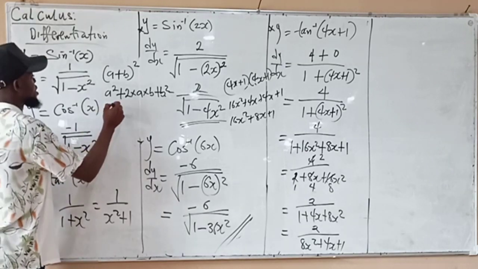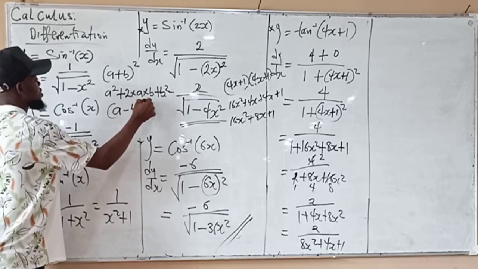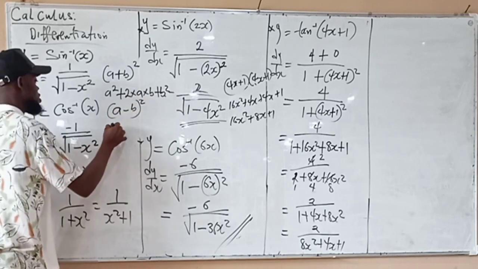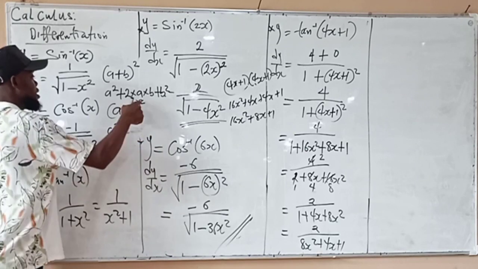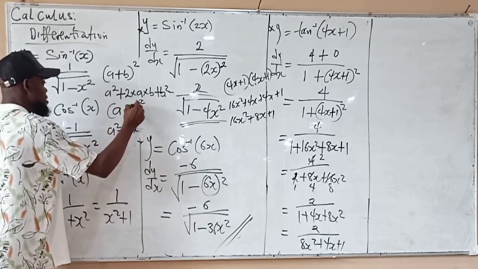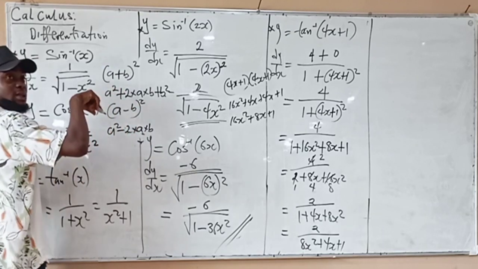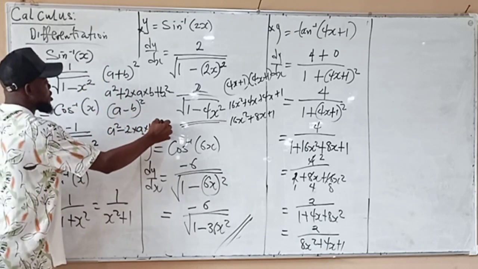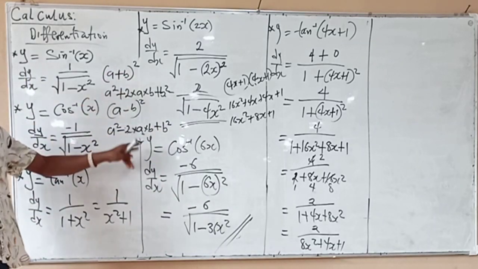So that's going to give us something like this. Then if it's (A minus B) raised to power 2, it will be A raised to power 2, then minus 2 times A times B, then plus the last sign, B squared. That's what it is. So this is how you expand. You have to use a shortcut.